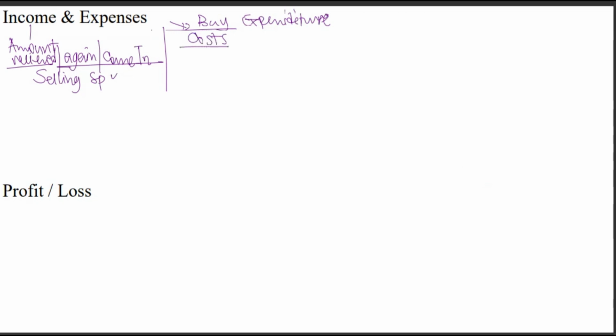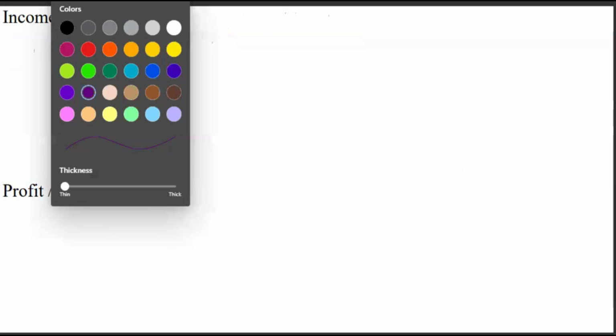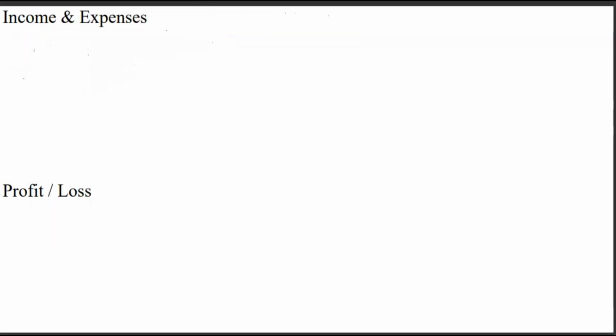Here, usually, they will like you to draw the graph that will represent the income and expenditure. Please, they have to be straight.